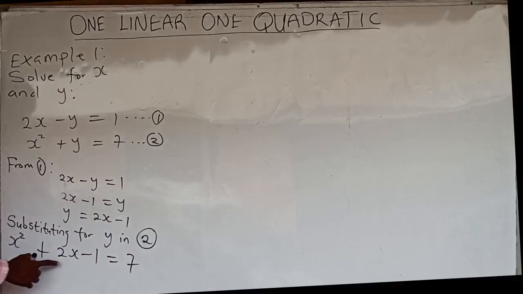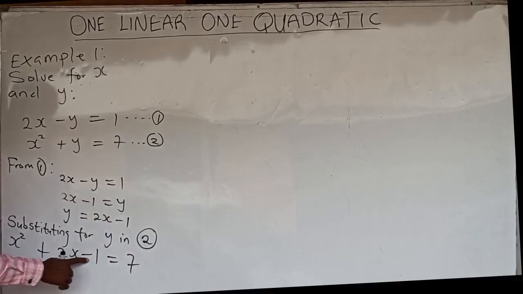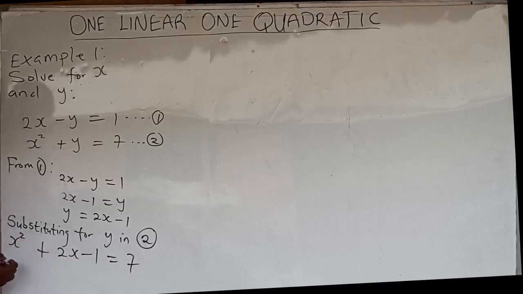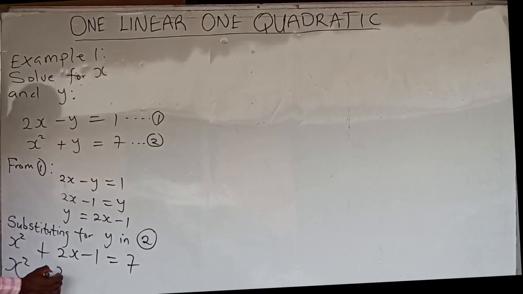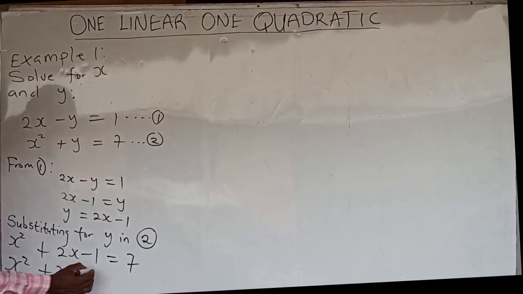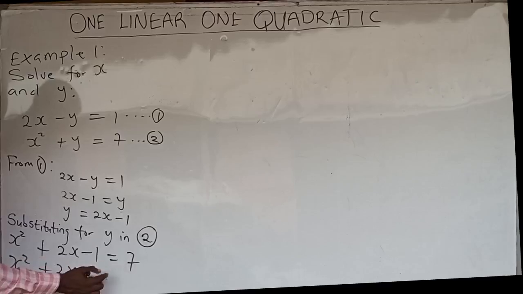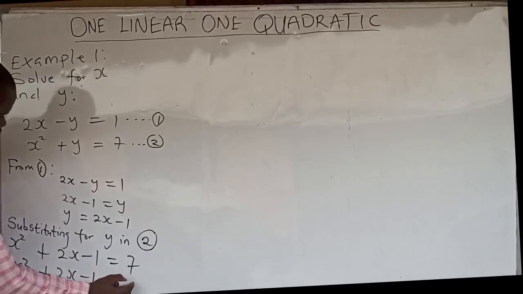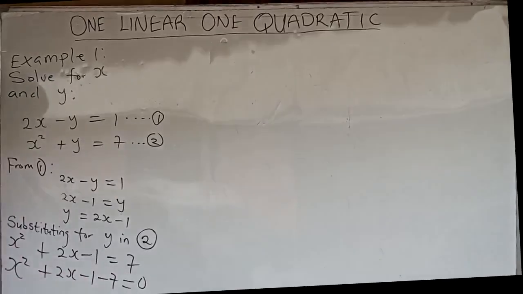Okay, so here the next thing I'm going to do is to collect like terms. This is minus 1, this is 7. So this becomes x squared plus 2x minus 1. I'll bring this 7 inside, it becomes minus 7 equal to 0.